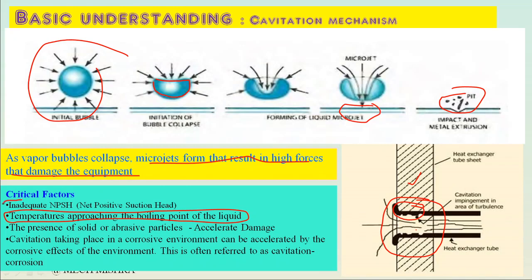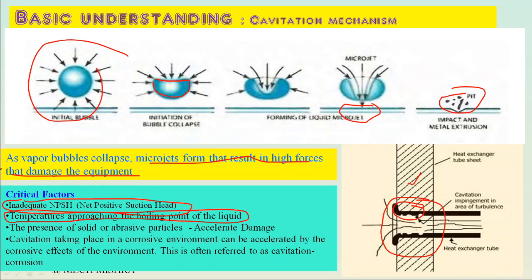Then inadequate NPSH. NPSH is net positive suction head. Every pump at startup should have the net positive suction head. If there is no required NPSH, there will be chances of bubble formation, and that leads to cavitation. So these are the two things.